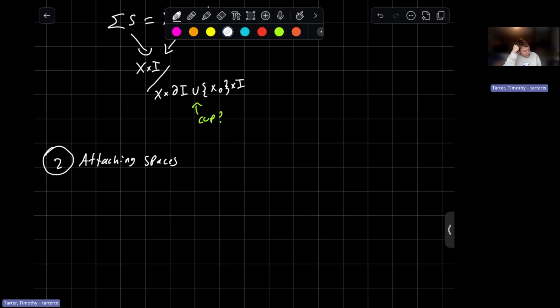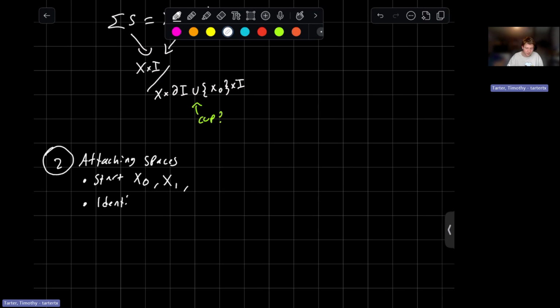So a general definition of attaching one space to another that includes the case of attaching cells is the following. We start with spaces X naught and X1 that we want to attach to each other by identifying points in a subspace.